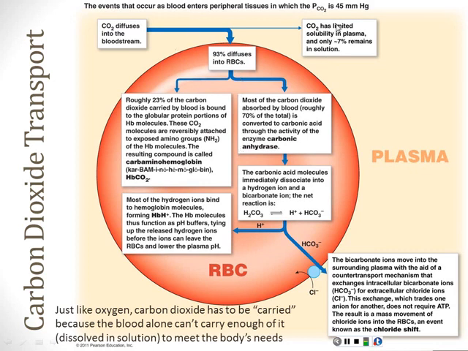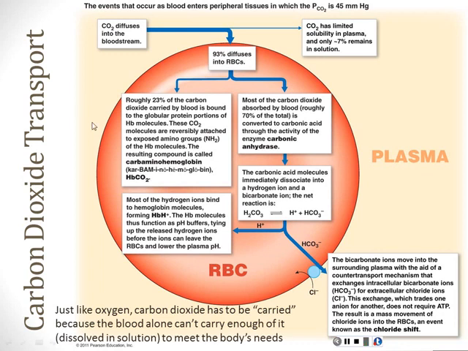Okay, so the remaining 93% enters red blood cells. Same place the oxygen came from, right? So of that 93%, 23% of that is carried by hemoglobin. So hemoglobin is a super cool molecule because not only does it carry oxygen around, but it also carries carbon dioxide back to the lungs as well.